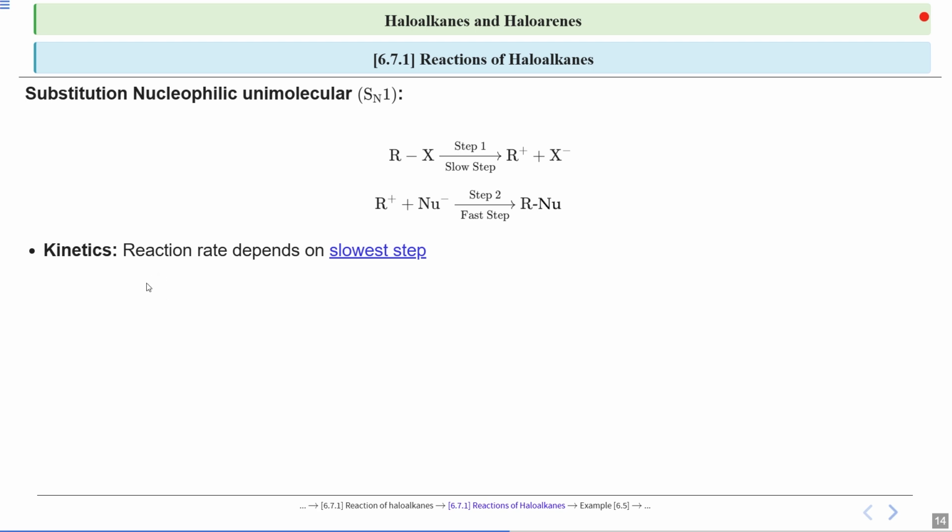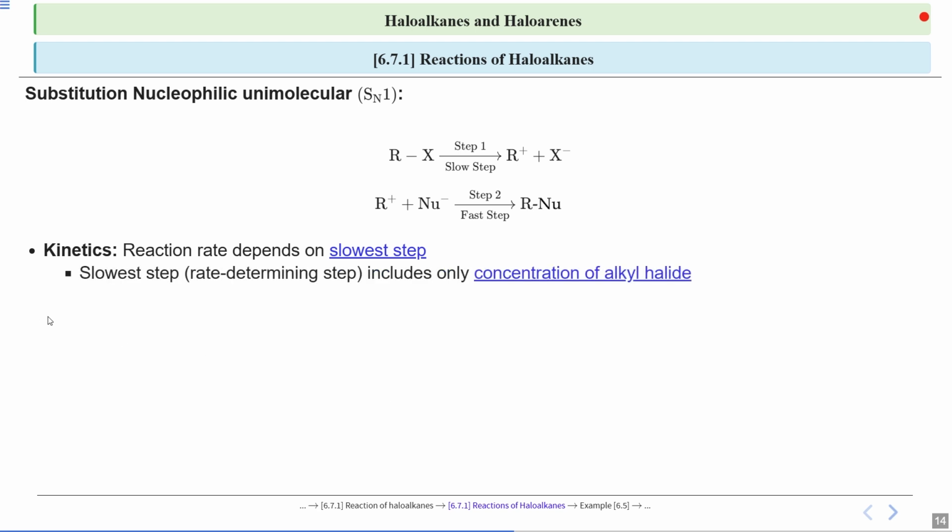Kinetics. Reaction rate depends on the slowest step. Your reaction rate depends upon the slowest step, because that's what chemical kinetics tells us: the rate of the overall reaction depends upon the slowest step, which is your first step.